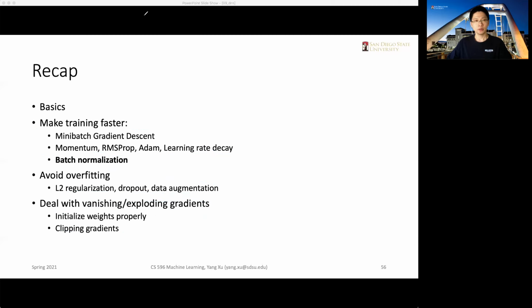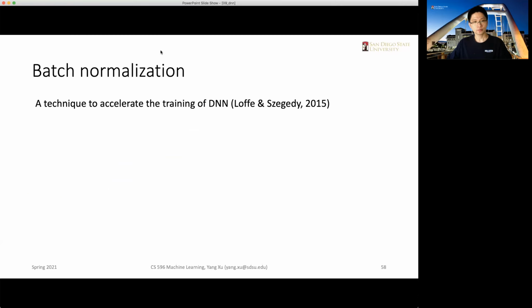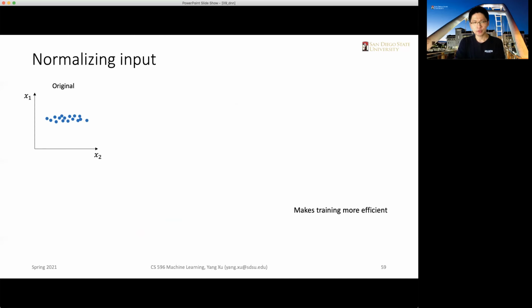All right, so let's look at this batch norm operation. It was first proposed in 2015 by Ioffe and Szegedy, I don't know how to pronounce this name. It was initially a way to accelerate the training for deep neural networks. The thought behind this method is that typically when we train a model, we need to do some preprocessing on the inputs.